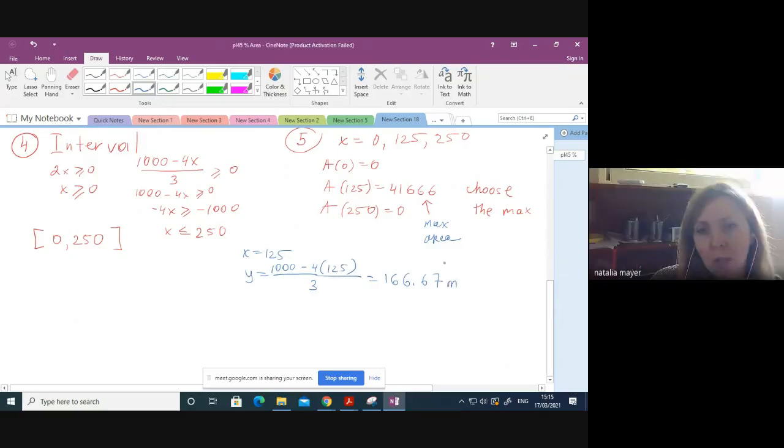So we can say that the dimensions of 125 meters by 166.67 meters will give us the maximum area. We don't have to say the value of the area. They just ask us which dimensions will give us the maximum area. So they want only this and this in the final statement, okay?